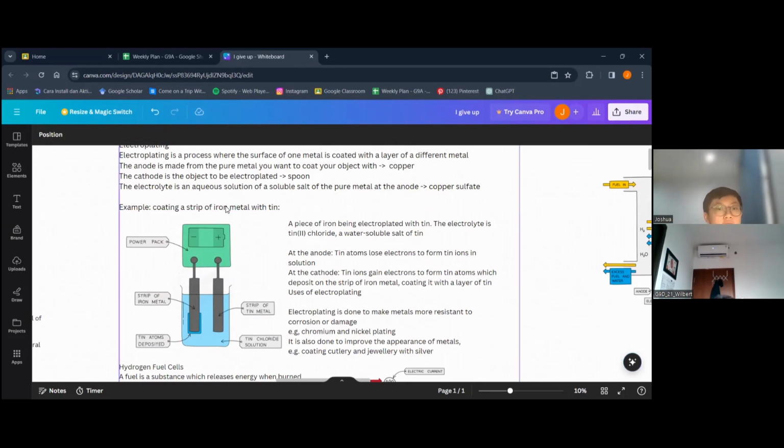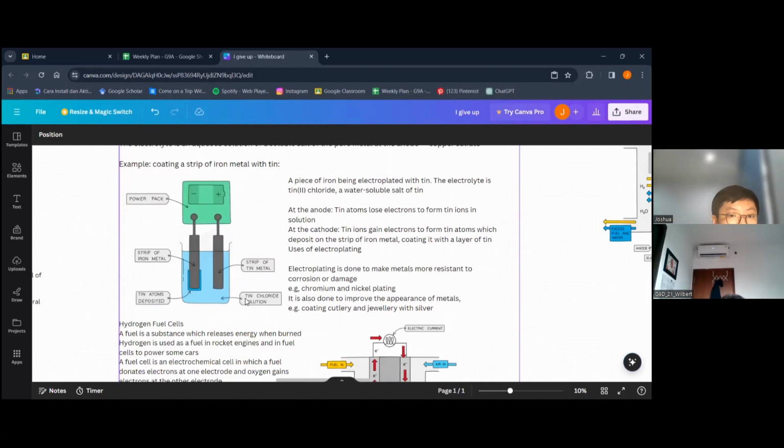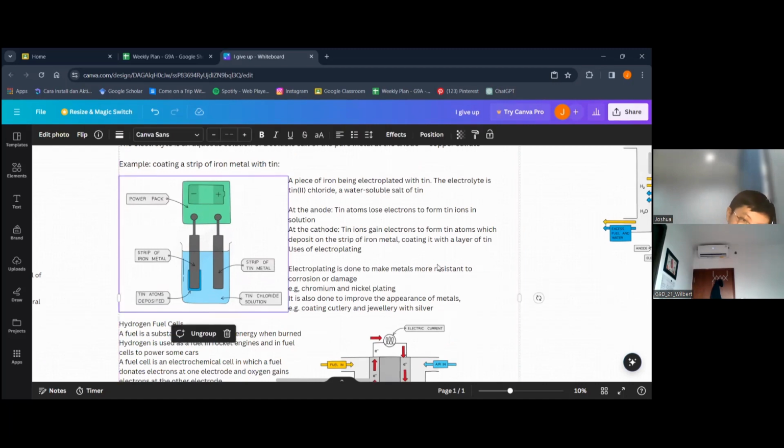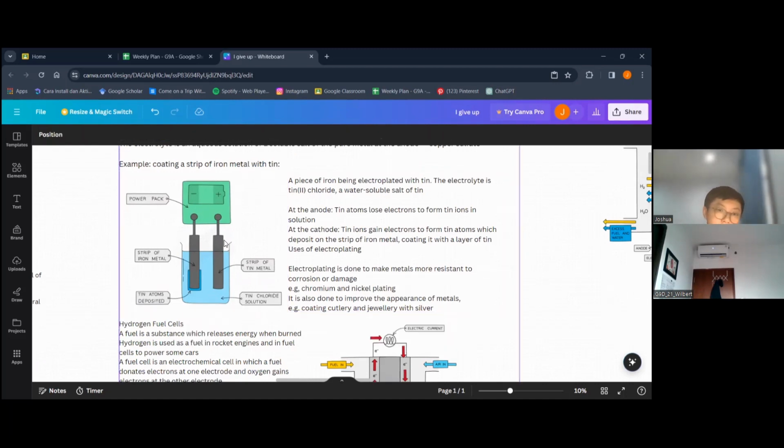So another example is coating a strip of iron metal with tin. So in this case, they use tin chloride as the electrolyte. At the cathode, they have a strip of iron metal, and at the anode, they have a strip of tin metal because, like earlier, the substance they want to use to coat something is on the anode, and the substance that is getting coated is at the cathode.